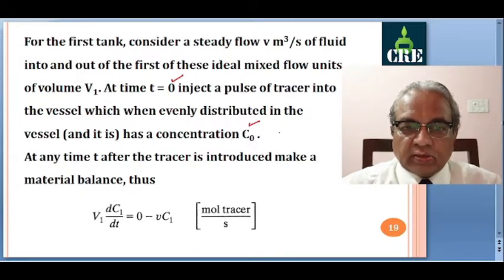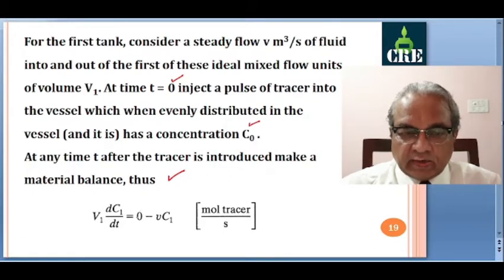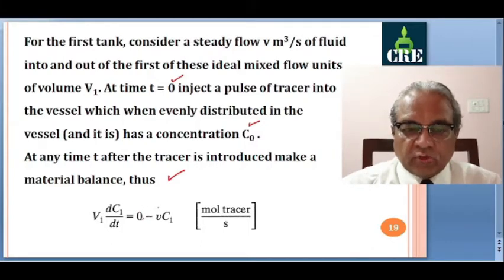This is tracer concentration, non-reactive material. So at any time t after the tracer is introduced, we'll write the material balance. Input is 0 because you are not continuously adding the tracer in the reactor. It is added at once. So the input rate is 0.